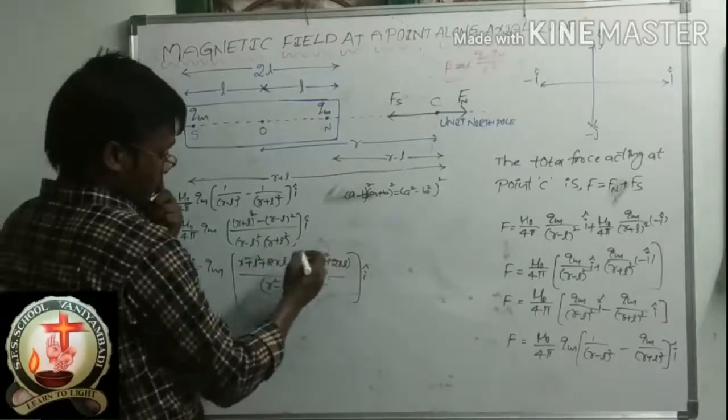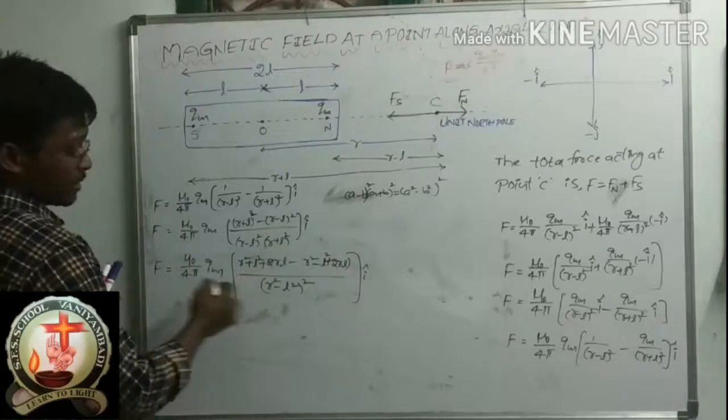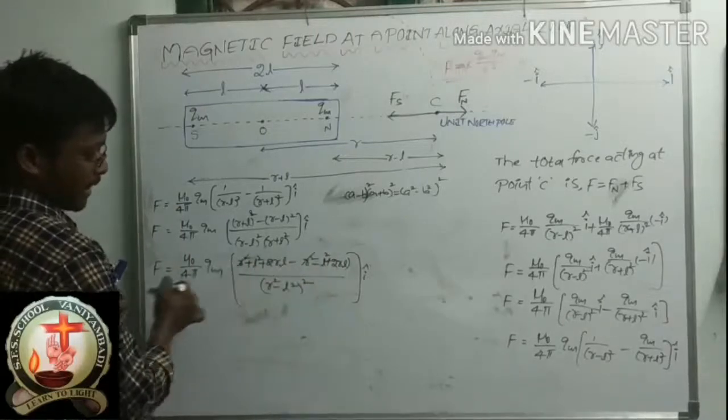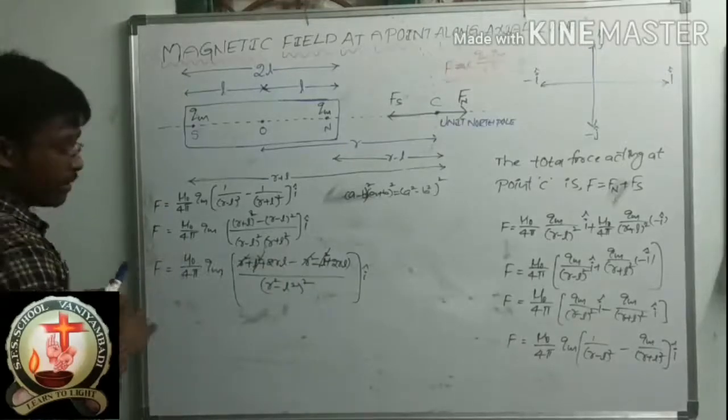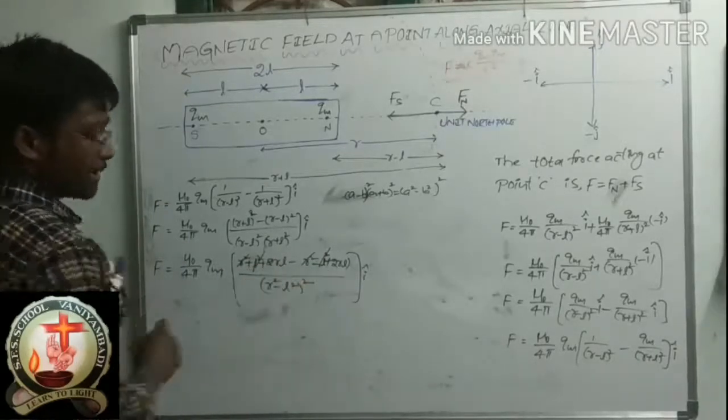Now cancellation terms: R square cancels, L square cancels. What is remaining here? Plus 2RL and plus 2RL.